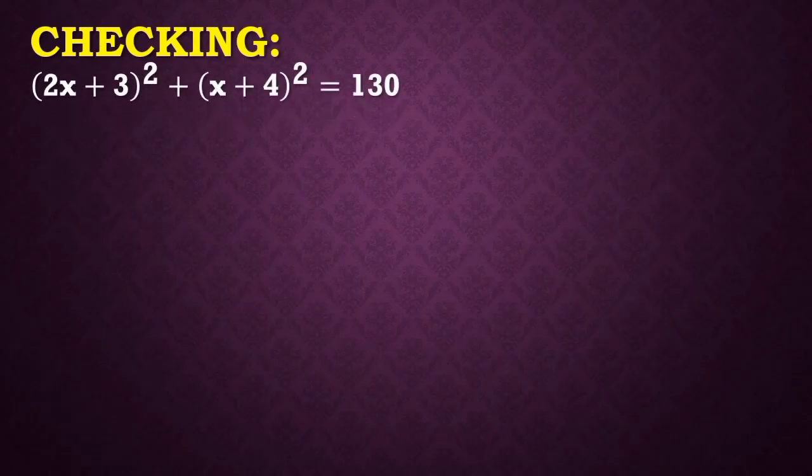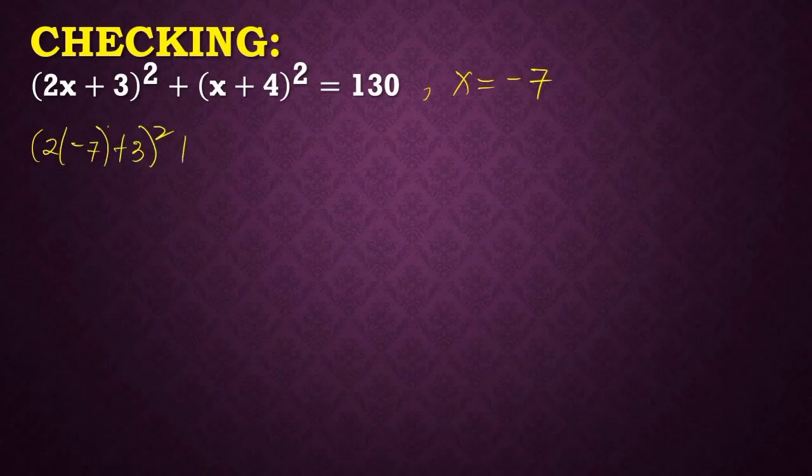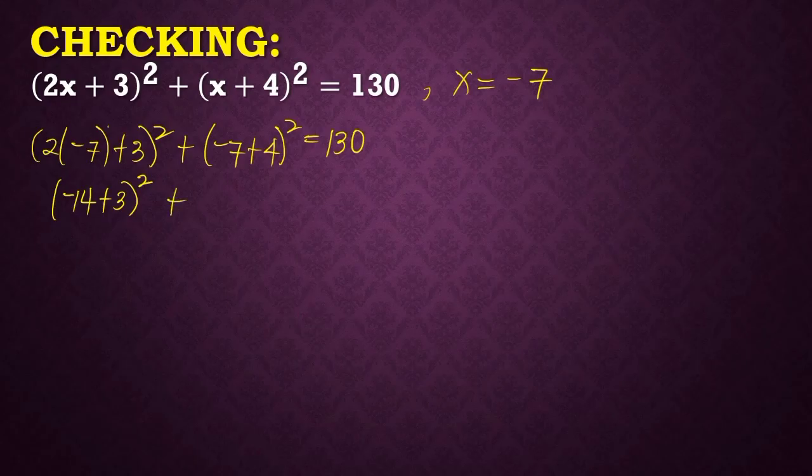So, x equals negative 7. So, check natin siya. 2 times negative 7 plus 3, and then squared, plus negative 7 plus 4, squared is equal to 130. 2 times negative 7, that is negative 14, plus 3, and then squared, plus negative 7 plus 4, that is negative 3, squared, equals 130.